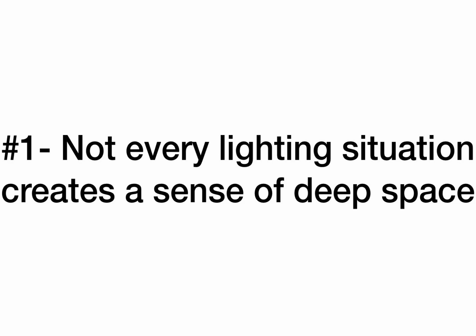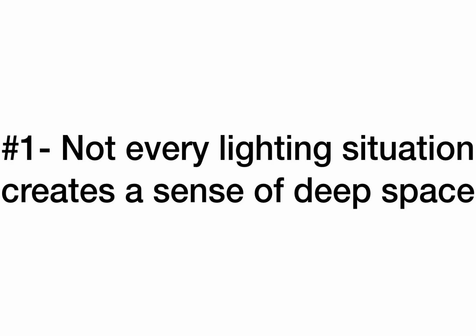Looking towards the light source flattens space out, since the greatest contrast then becomes at the furthest distance. So understand that our perception of space differs depending on where the light source is.